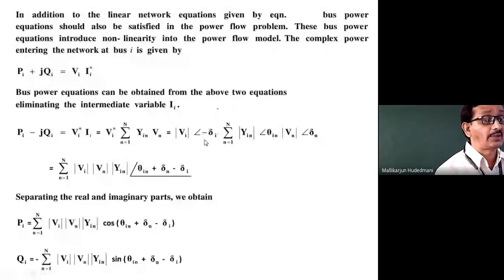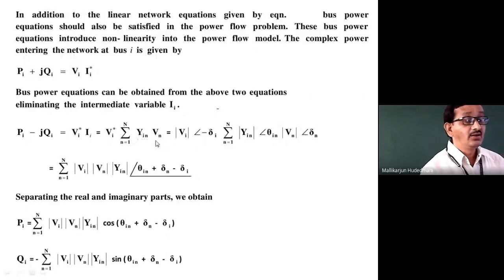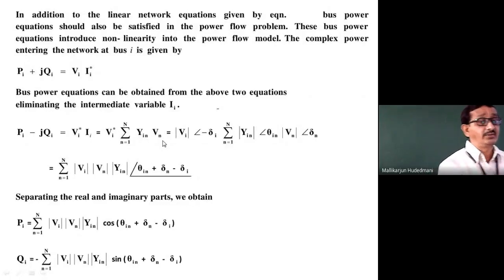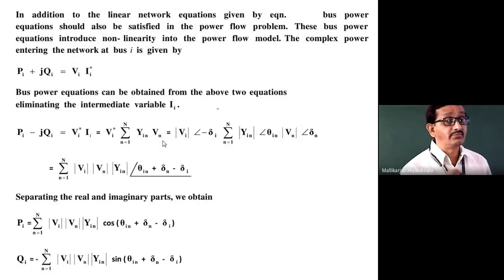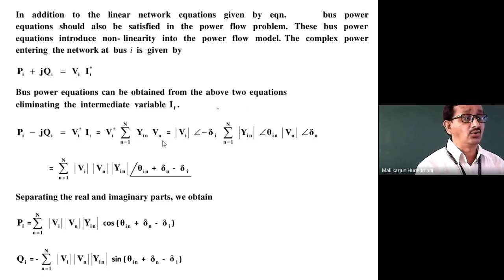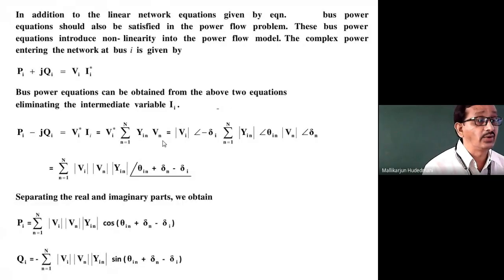But here I am taking the conjugate of voltage VI, hence it is VI magnitude, angle minus delta I. The next term I have is the summation block with the product YIN. What is YIN? YIN is an admittance between bus I and N. In polar form, how can I put that YIN?